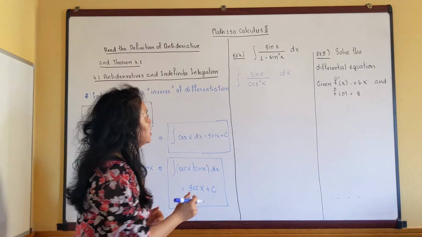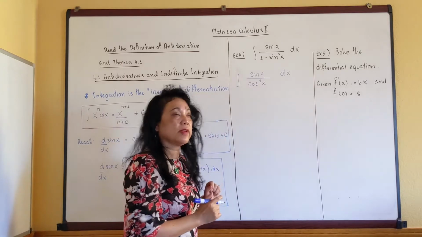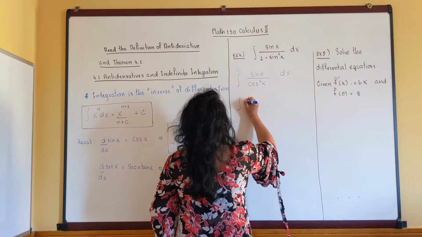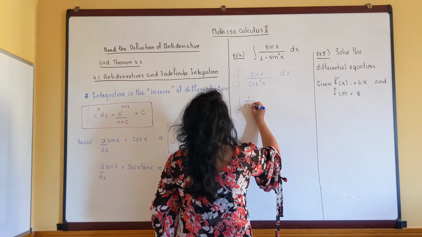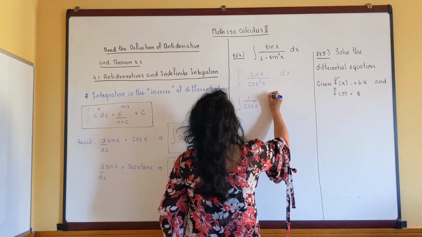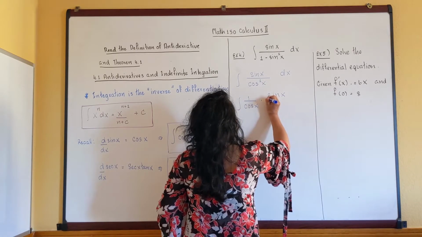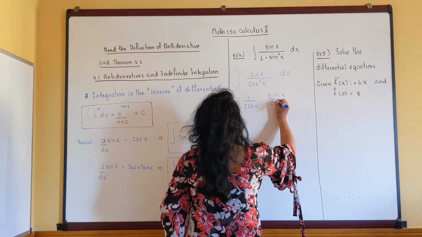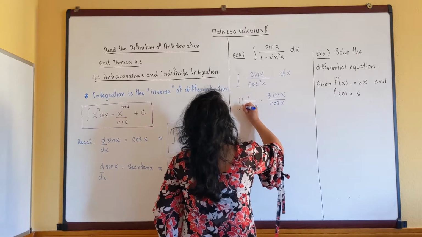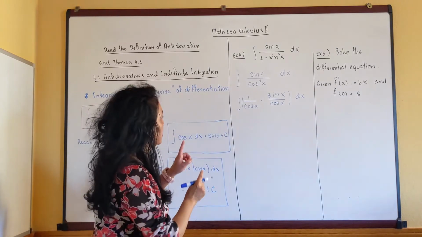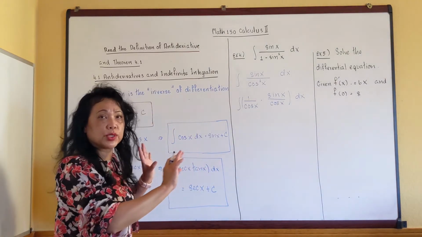Now I'm going to rewrite it again. I'm going to write cosine squared of x as 1 over cosine of x times sine of x over cosine of x dx. I split the cosine squared of x into two terms.